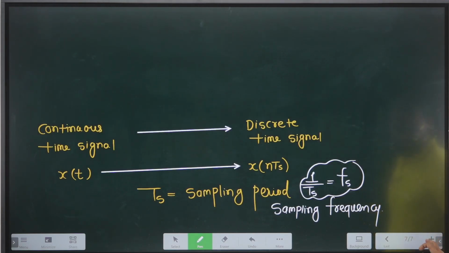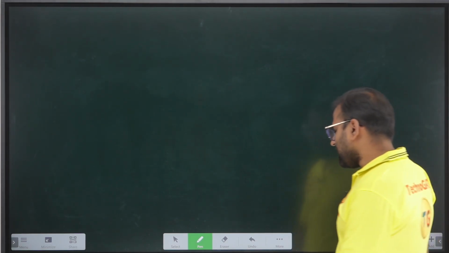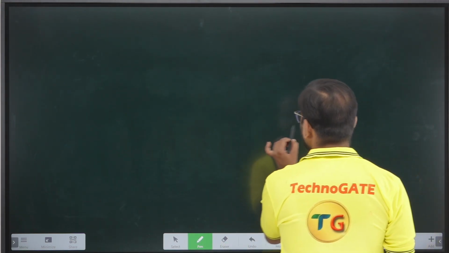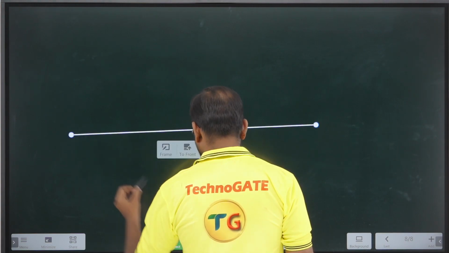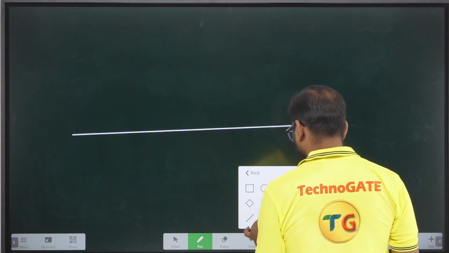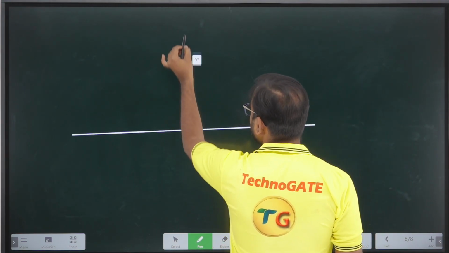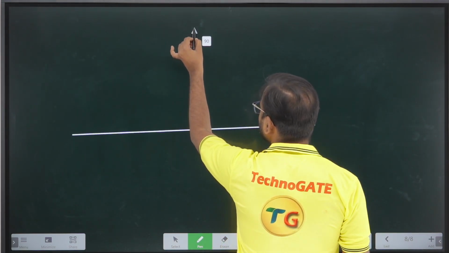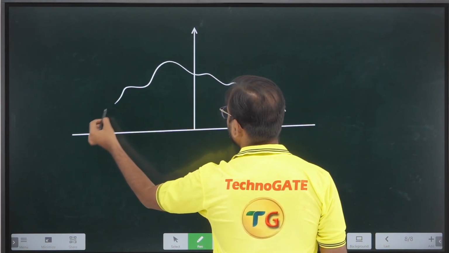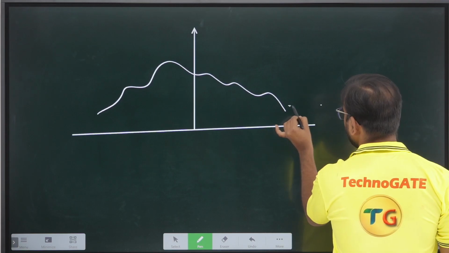Now let's have a graphical representation of sampling. So we have, let's say, some continuous signal. Continuous signals are signals which are defined at every time instant. So let's say this is my continuous time signal.